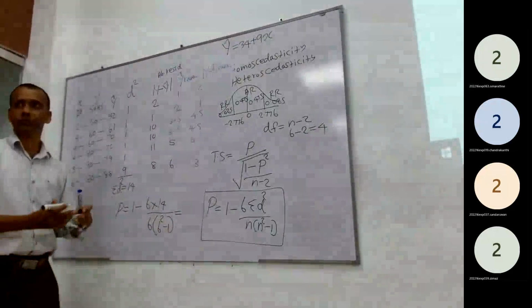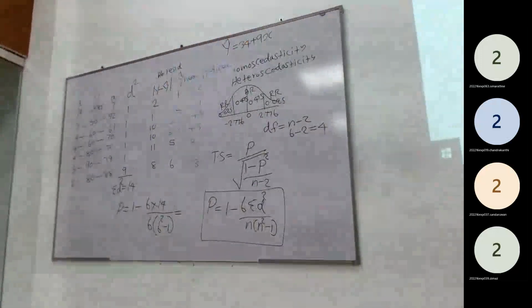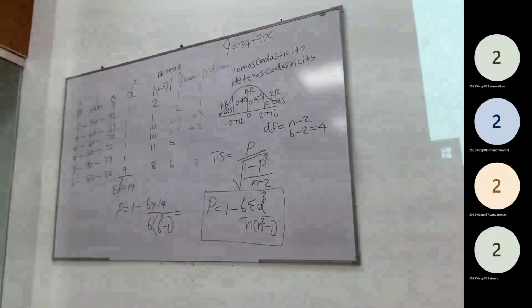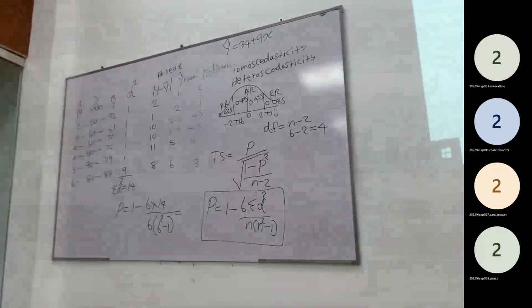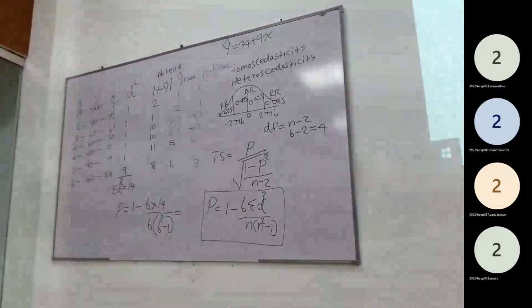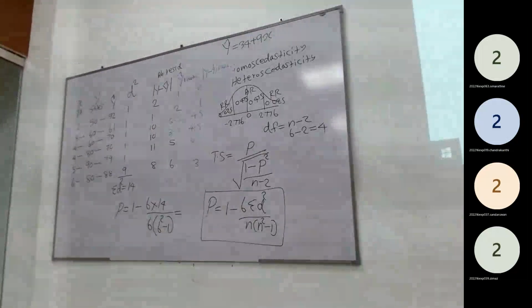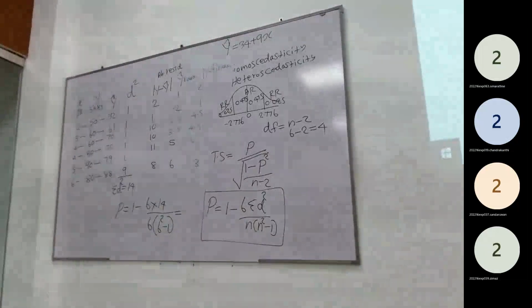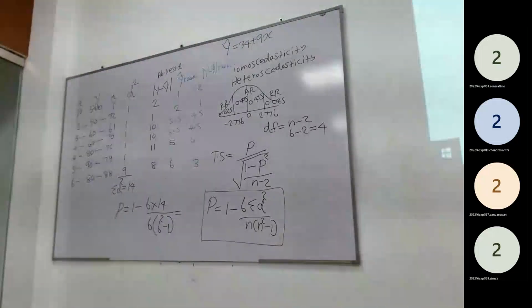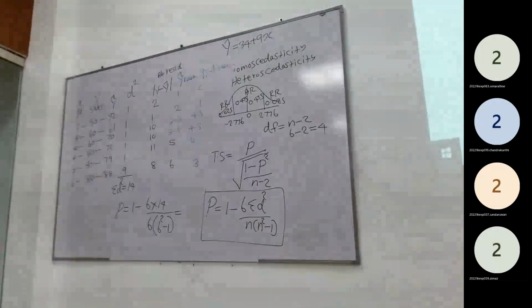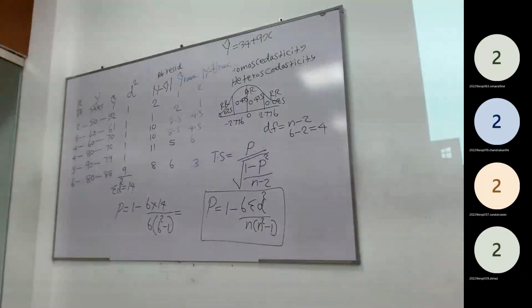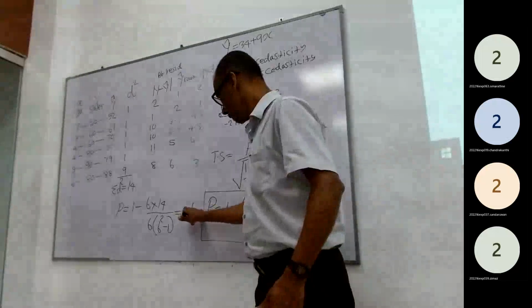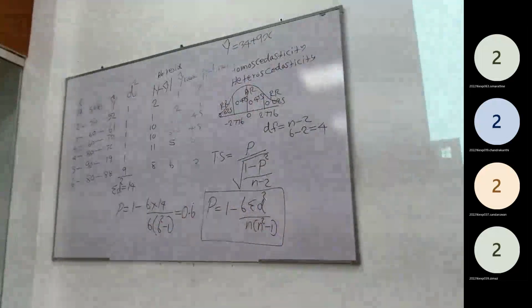This is my rho value: 0.6. The rank correlation rho is 0.6.